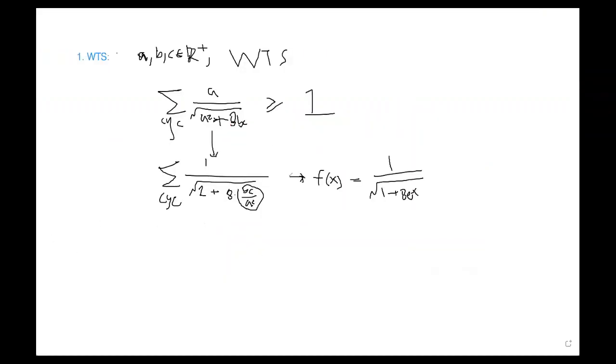So we have to apply Holder instead. How we do that would be, this thing to the 2/3, then it would be the cyclic sum of 1 over this thing.